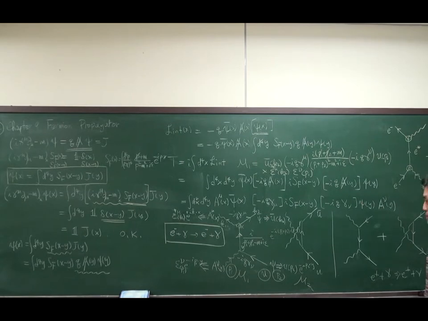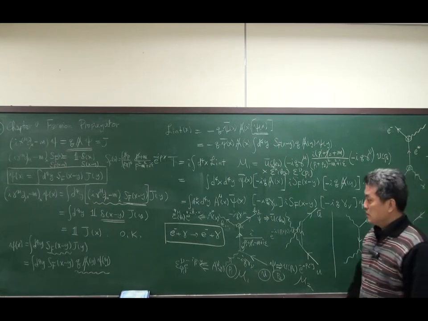This is the T matrix element, which contains everything allowed by the theory, and actually we can treat the case where E plus meets a photon to make E plus and photon. In that case, we can make use of the negative energy solution for the electron. Then it is going backward. Okay? I have explained everything now.